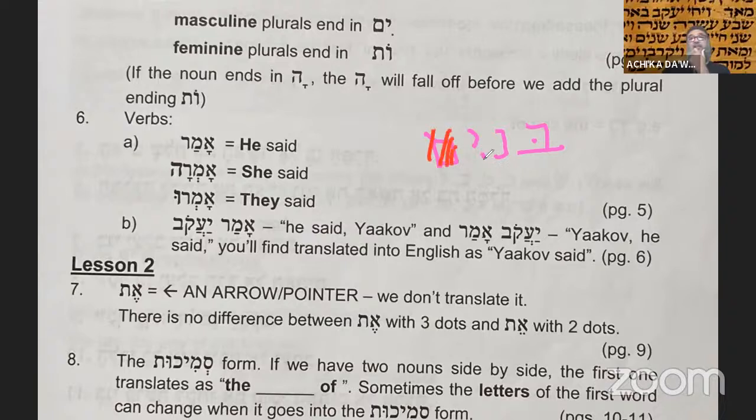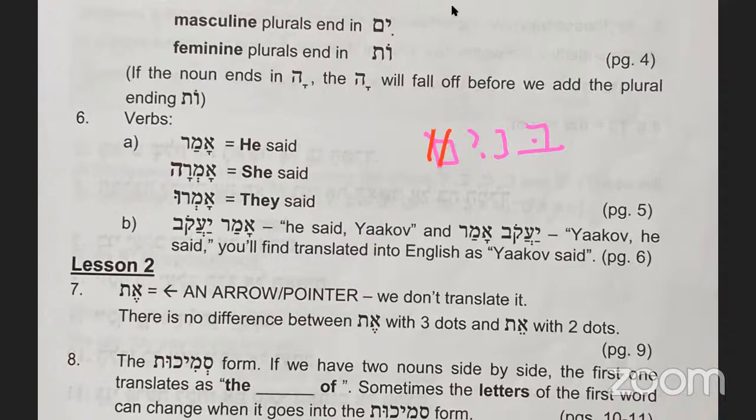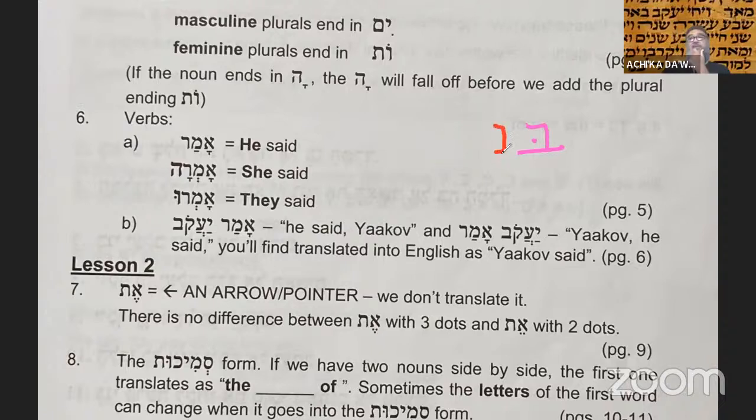Okay. I would get rid of that. And then I would add just two dots. And it'd be B'nai. Those two dots would actually go underneath this letter right here, that noon. It would be right here, B'nai. This is what it would be. So you take away the mem. You get rid of that.